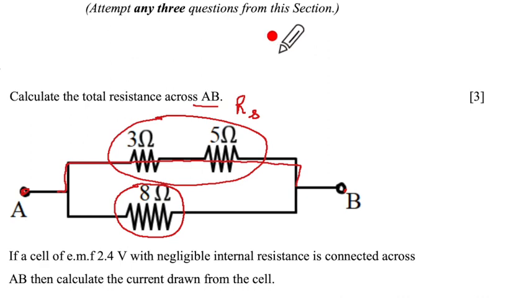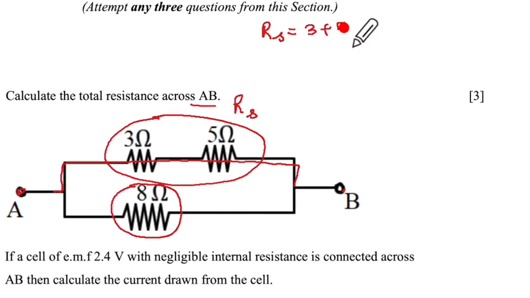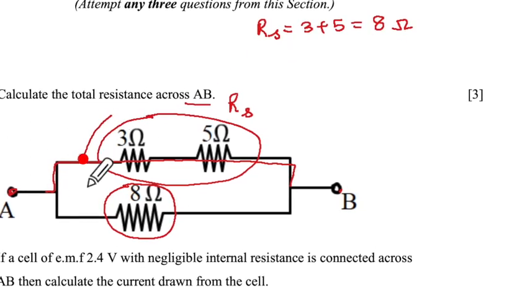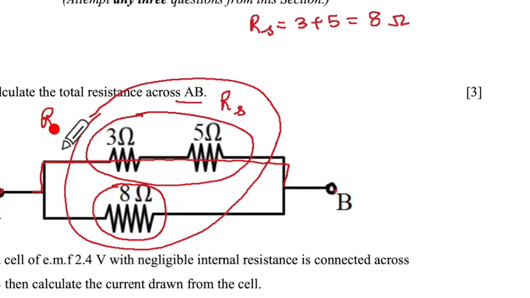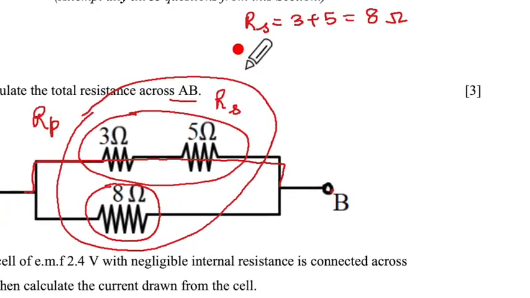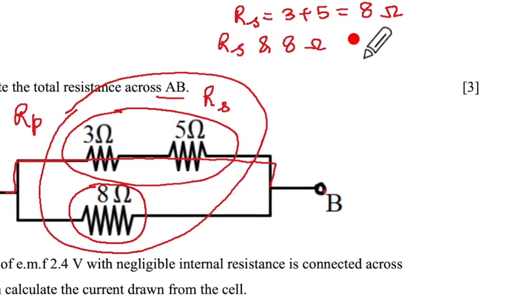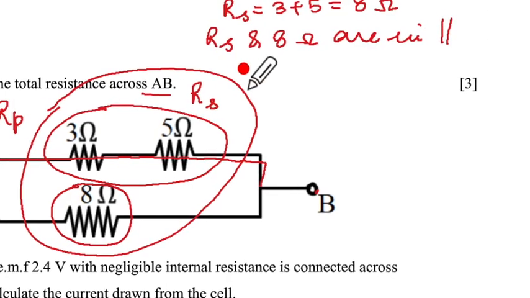Okay, so your RS is going to be 3 plus 5, which is 8 ohms, and these 2 are going to be in parallel, so I'll call this RP. So we will say RS and 8 ohms are in parallel.